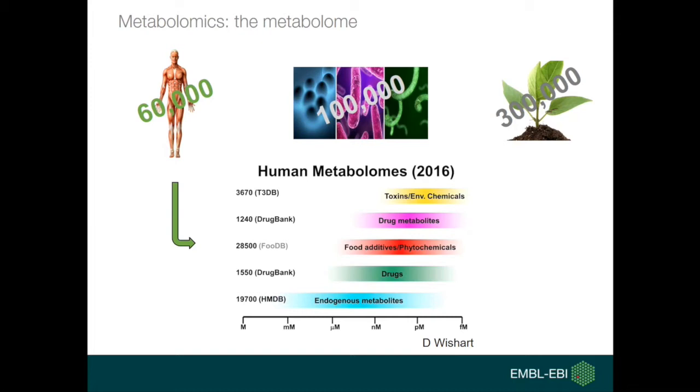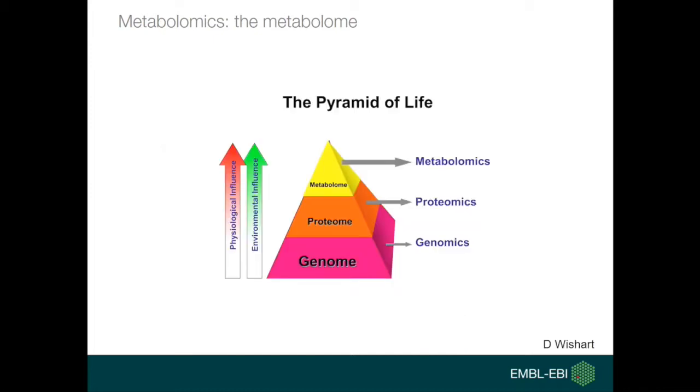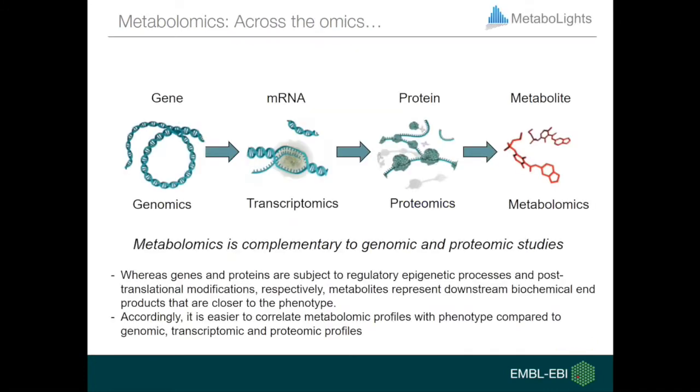Your metabolome is not just what you make, it's everything that you eat, everything that you're exposed to, your environment, what you breathe in, what you are exposed to when you clean your house, all of that. So it is very much at the top of the pyramid of what a human or any organism is, because it is not just what you are, but also what you're influenced by.